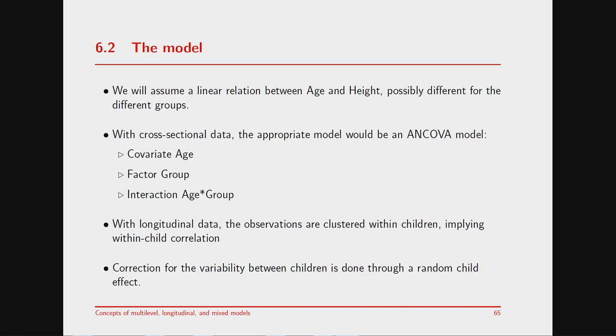Yes? What's the difference between ANCOVA and ANOVA? Oh, ANCOVA, analysis of covariance. ANOVA is if you have only categorical variables, factors. But here we will use age as a linear covariate, because we have seen that there seems to be evidence that there is a linear relationship between y and age, so we will use age as in a linear regression model.